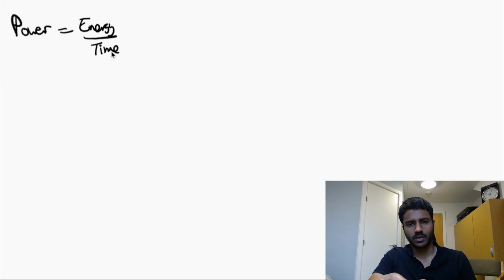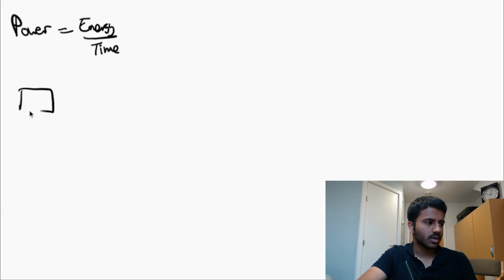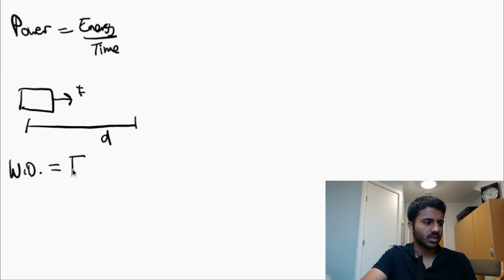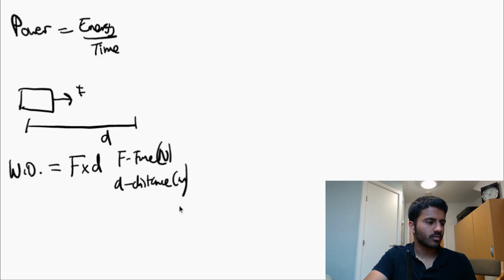Power is the time derivative of energy, and the power is given in watts, energy is in joules, time is in seconds. Now, if you're dragging an object with a force along a distance d, the work done on the object is force times distance, where F is your force in newtons, d is the distance travelled in meters.